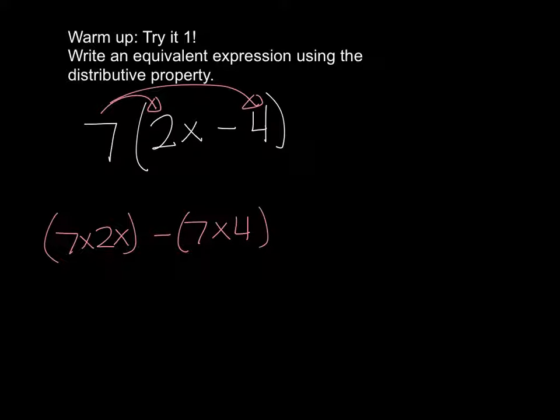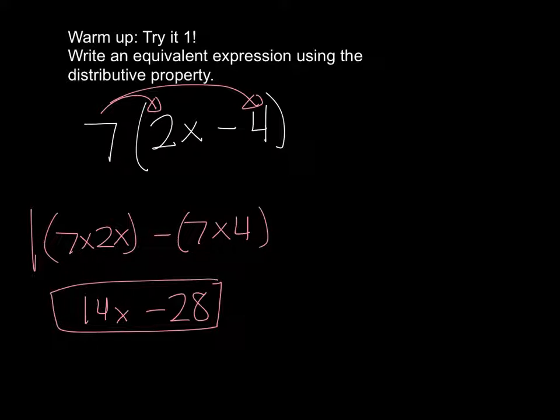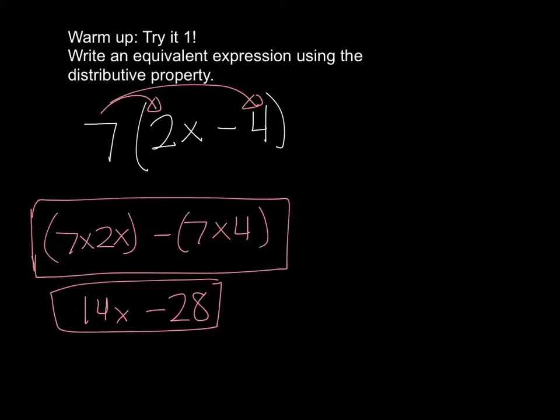That's one way you could have done it. Another way, you could have done 7 times 2x is 14x, minus 7 times 4, which is 28. Both of these are perfectly acceptable answers. Both are equivalent expressions. So, hopefully you got that one right.